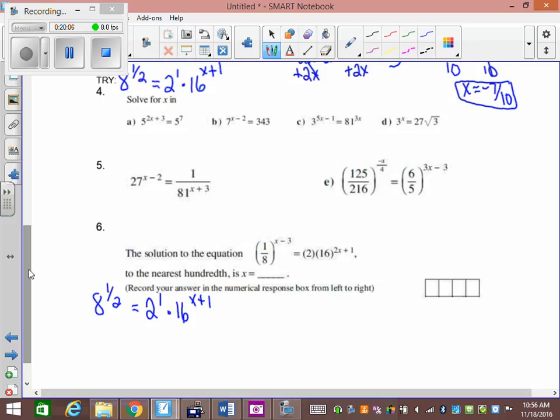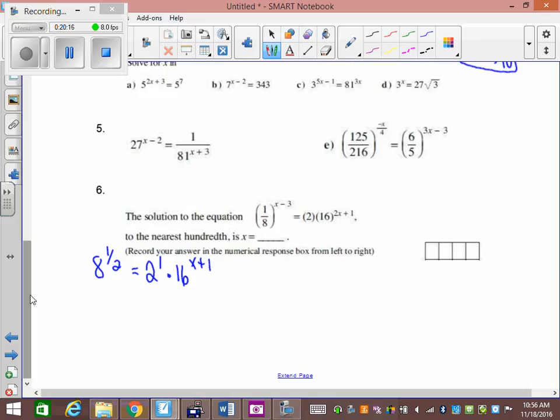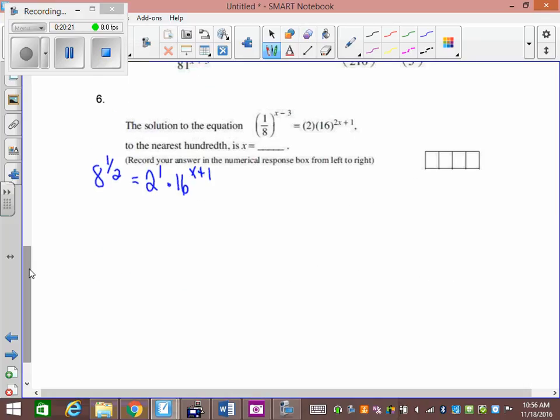I'm just going to do it down here because I don't have a lot of room. It's the exact same thing as up there. What base can I make them all be? 8, 2, and 16. 2. 8 is 2 cubed. 2 to the 1. 16 is 2 to the 4.